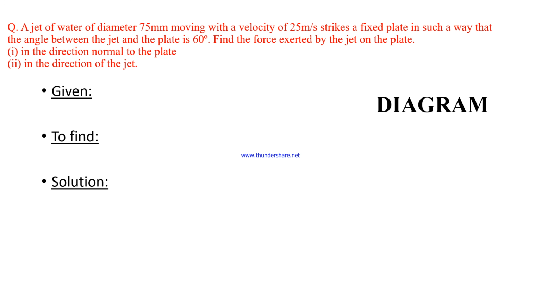It strikes a fixed plate in such a way that the angle between the jet and the plate is 60 degree. You have to find the force exerted by the jet on the plate in the direction normal to the plate, that is Fn, and in the direction of the jet, that means Fx. So calculate Fn and Fx.